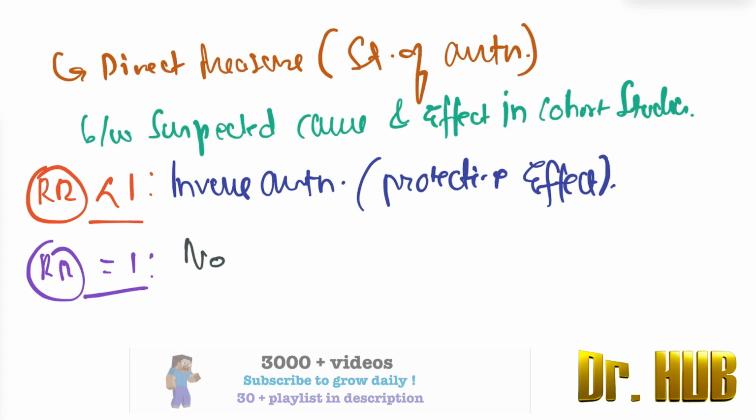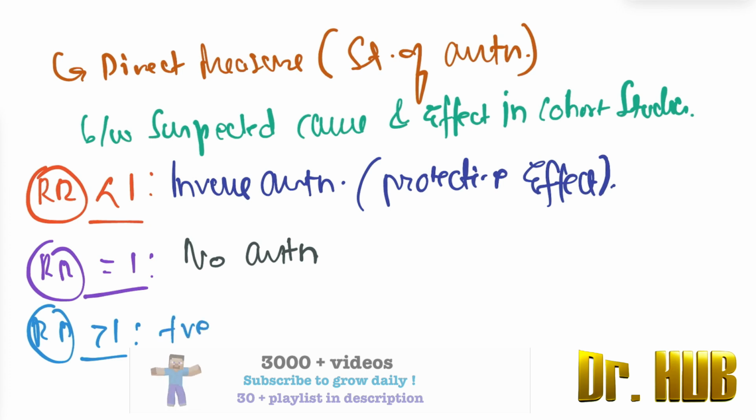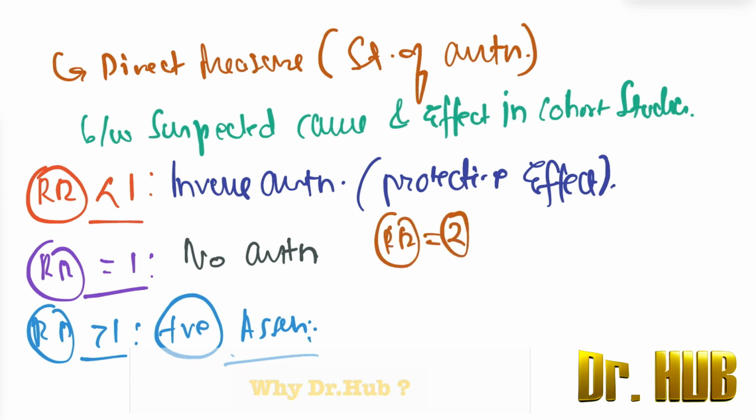Next, in case of RR greater than 1, there is a positive association. So less than 1 is inverse association, and greater than 1 is a positive association. Now let's look at RR of 2. If RR is equal to 2, it indicates that there is a 100% increase in the risk.